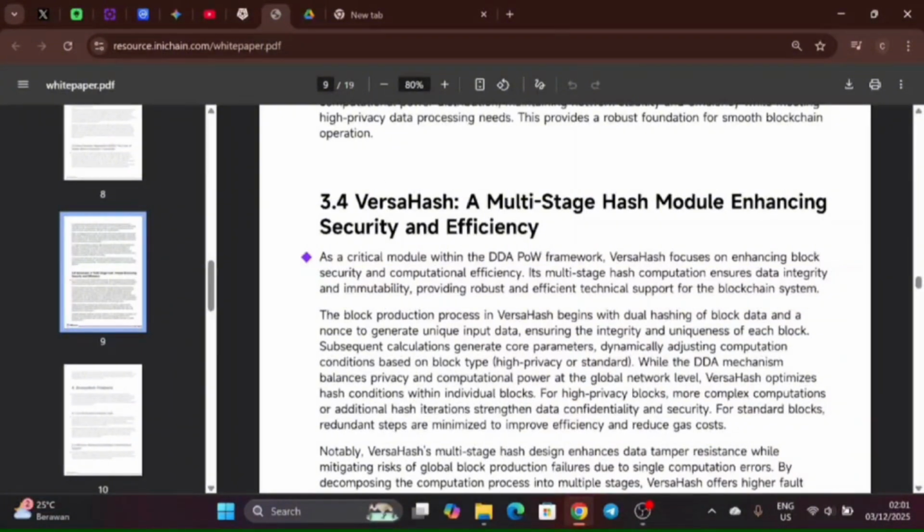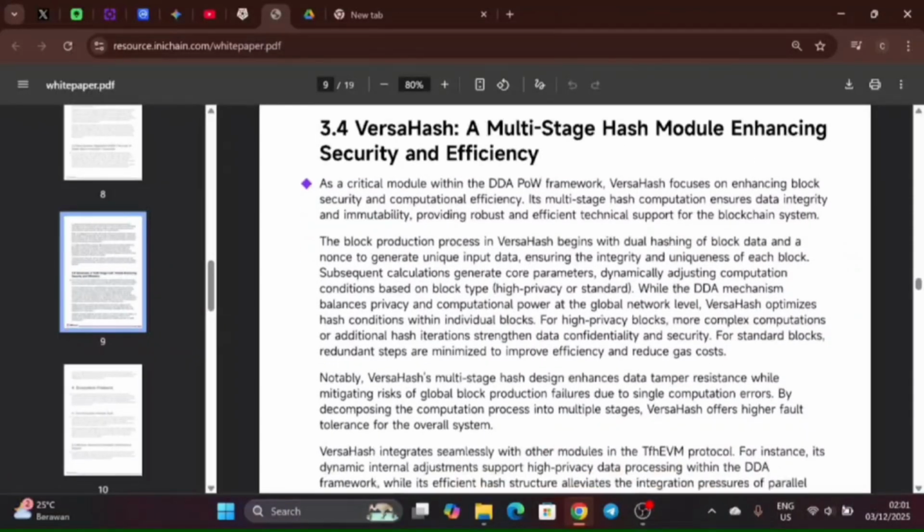3.4 Versa Hash, a multi-stage hash module enhancing security and efficiency. As a critical module within the DDA proof of work framework, Versa Hash focuses on enhancing blockchain security and computational efficiency.